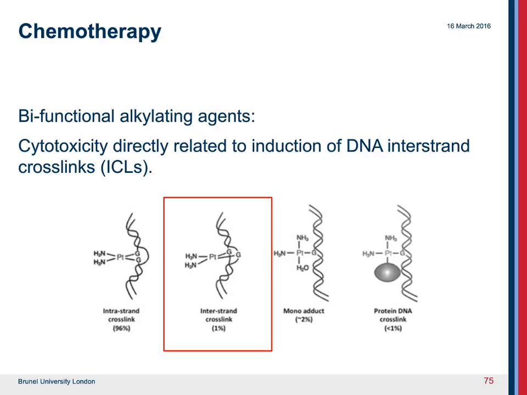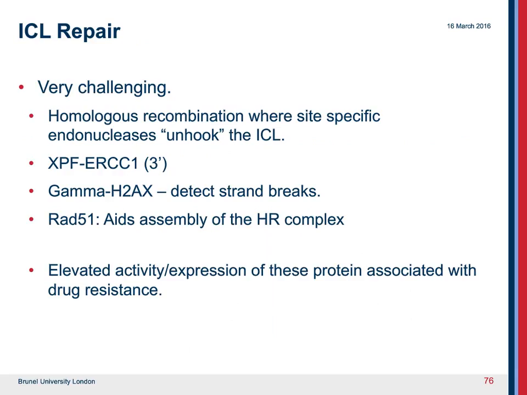As I said earlier, ICLs are very, very difficult to repair. We generally require the process of homologous recombination, where endonucleases cut out or unhook the damage, and a number of proteins are important in that. We've got site-specific endonucleases, XPF, ERCC1.